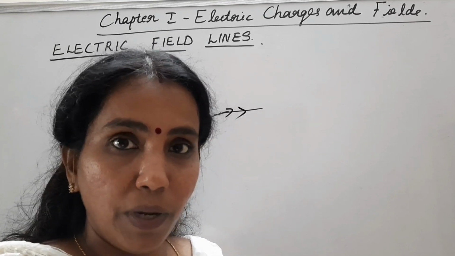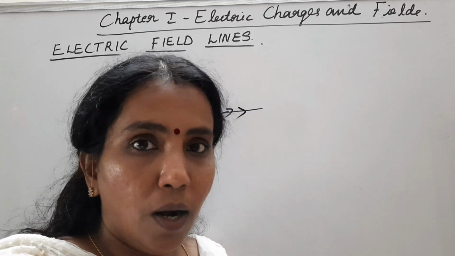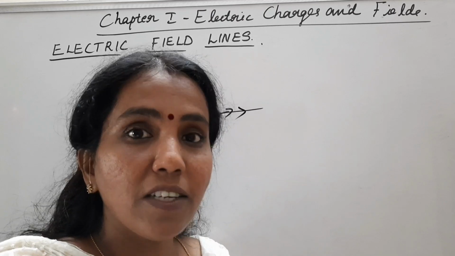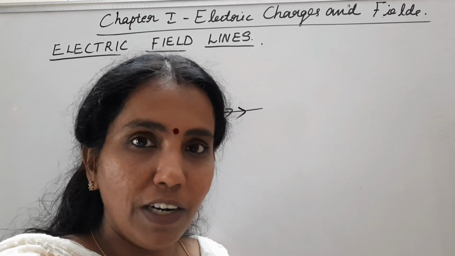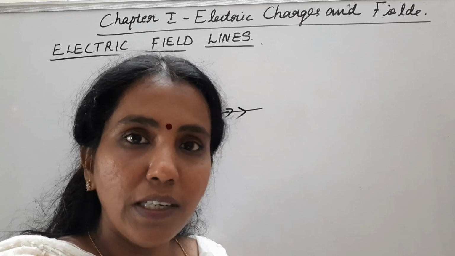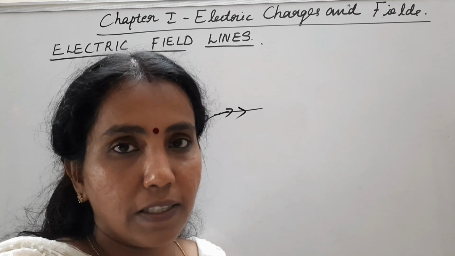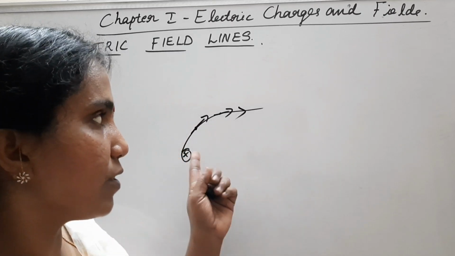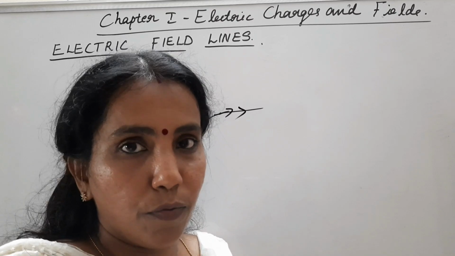Electric field line can be defined as the path followed by a small positive test charge placed in an electric field. In an electric field, when a small positive test charge is placed, the path followed by that small positive test charge is actually the field line. So in both the ways we can define field line.